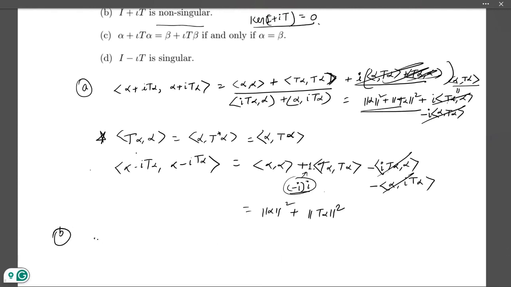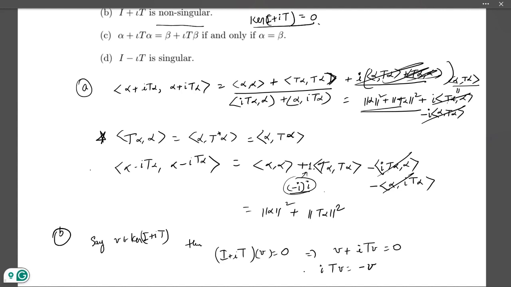Okay, so if, let's say, V belongs to the kernel of I plus IT, then I plus IT applied to V is equal to 0. This will imply that V plus I TV is equal to 0. This will imply that ITV is equal to minus V. This implies that TV is equal to IV, right?